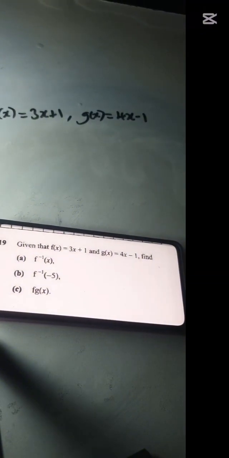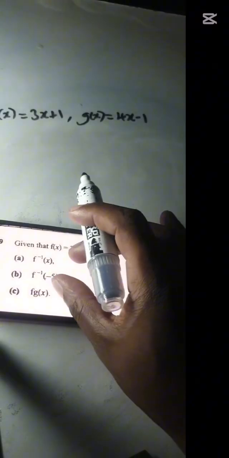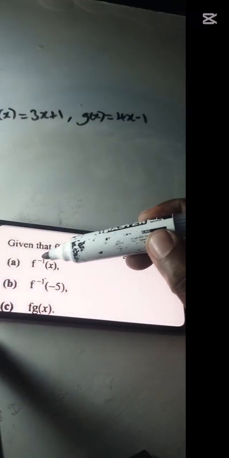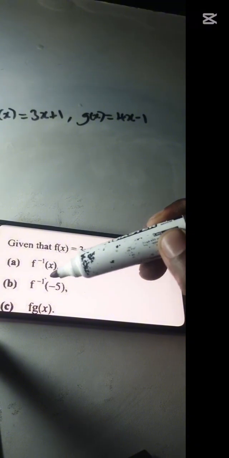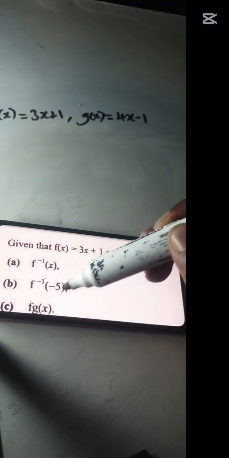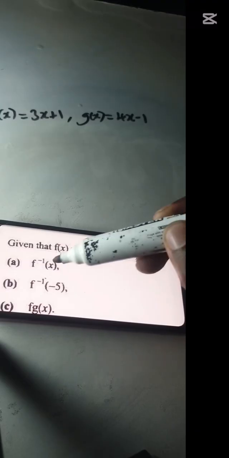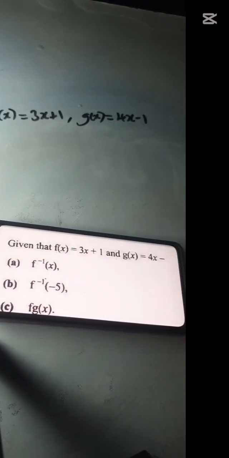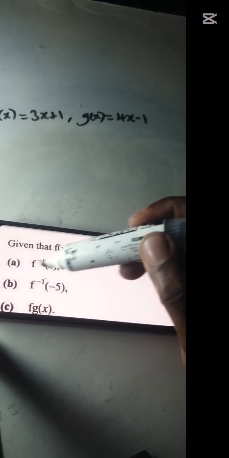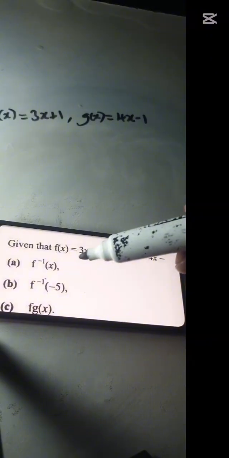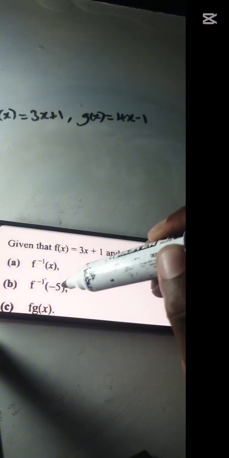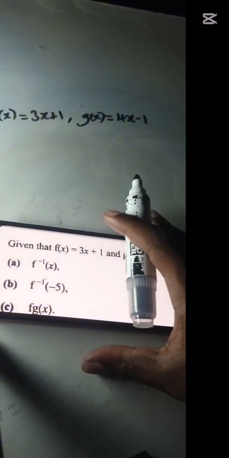So the first thing they're asking us to find the inverse. Now, after we find the inverse, whatever we find, then we replace with -5 where there is x, because this and that is the same. Where there is x, they have just put -5. So the answer for A, we are going to replace where there is x with -5.